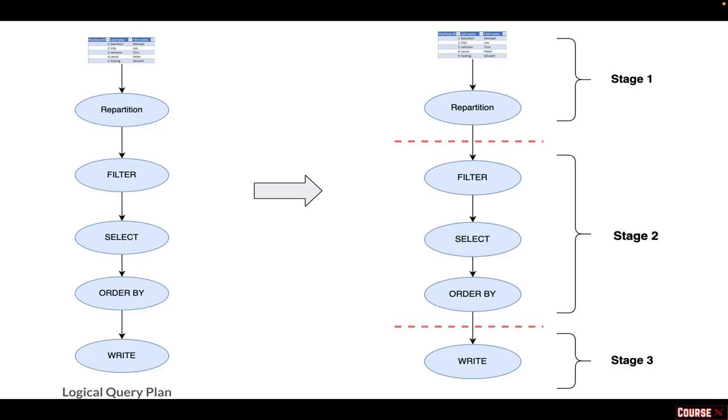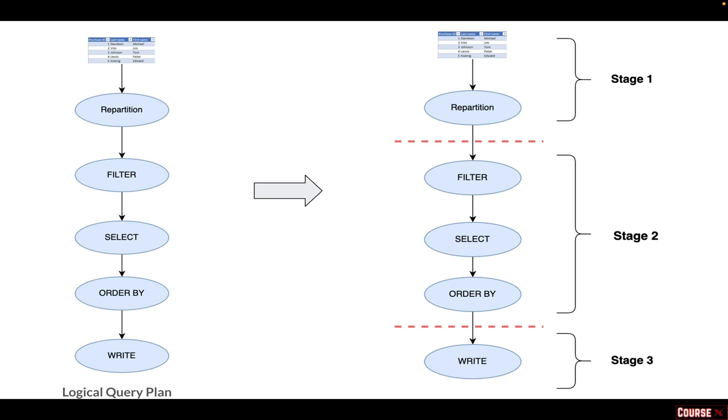Now the question may arise in your mind: why does Spark need to break the job into stages based on wide dependency transformations? To understand that, let's briefly revisit the concept of narrow and wide transformations. Narrow transformations are those that can be applied independently onto each data partition.